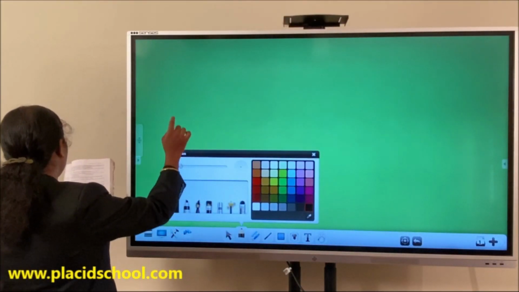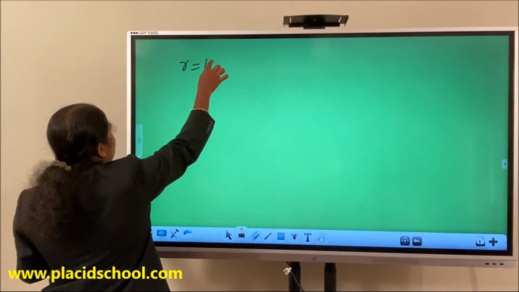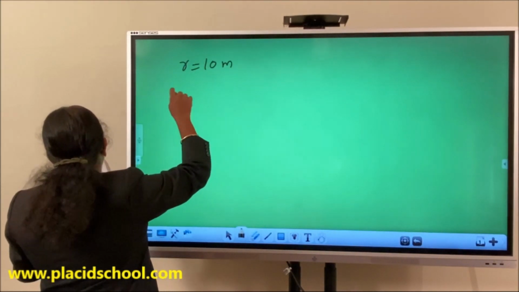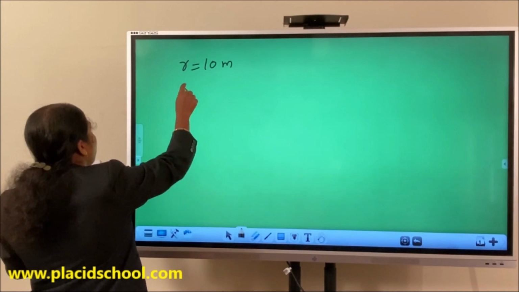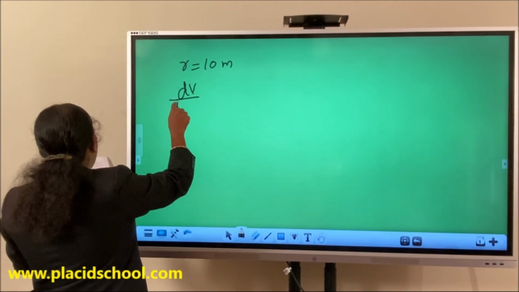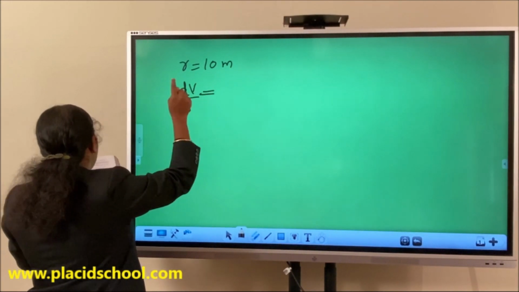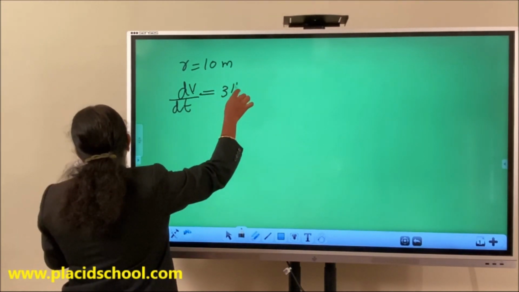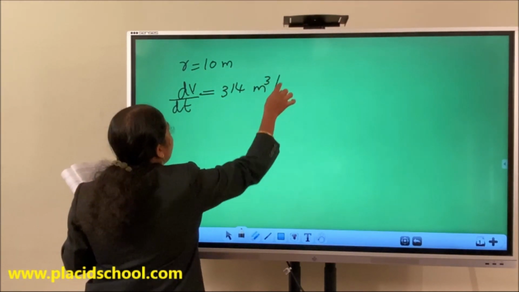So we are given radius is 10 meters, and the rate of change of volume with respect to time is 314 meter cube per hour.